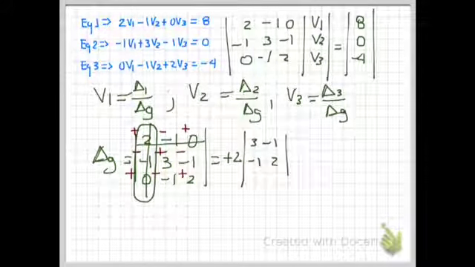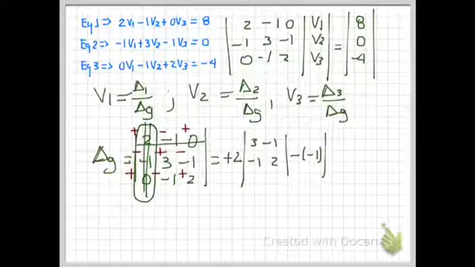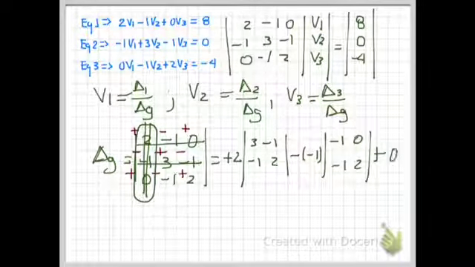Now we move to the second number, which has a negative sign, minus 1, and we do the same. We cross the column and the row, and we're left with minus 1, 0, minus 1, and 2. For the last term, since it's a 0, we just put a 0 there.